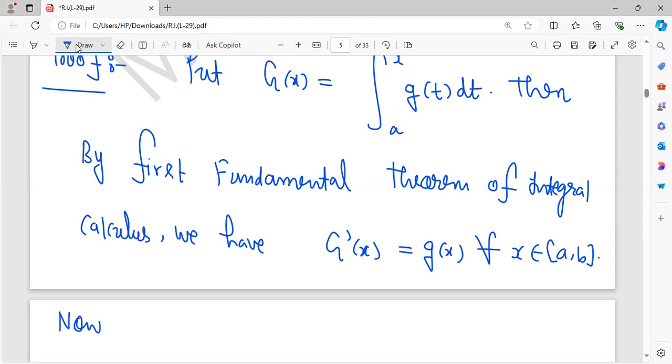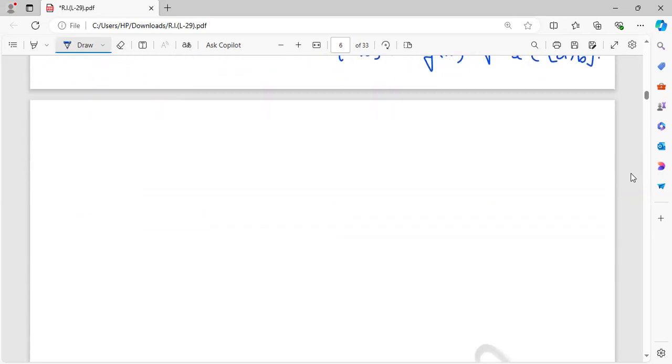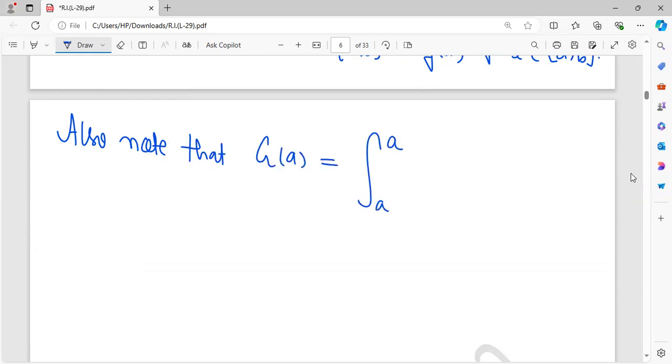Now also note that G a is equal to integral a to a, g t dt, which is actually 0.